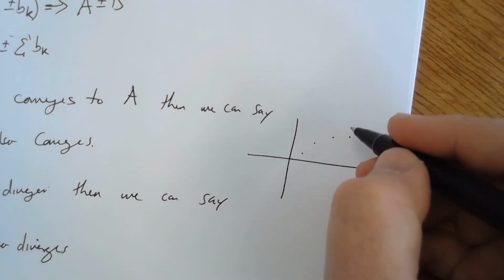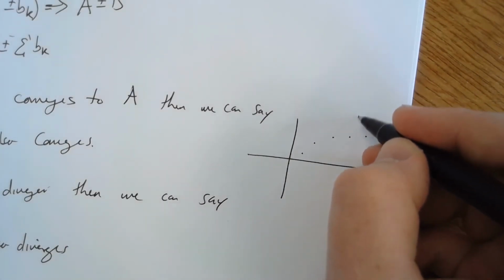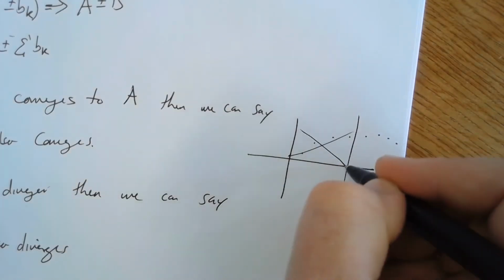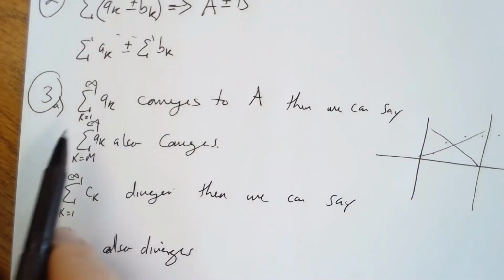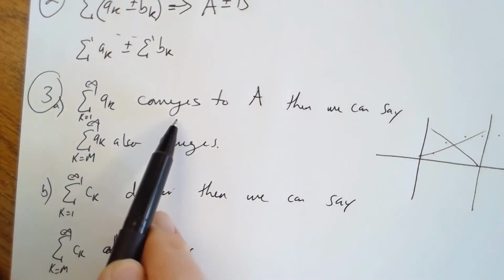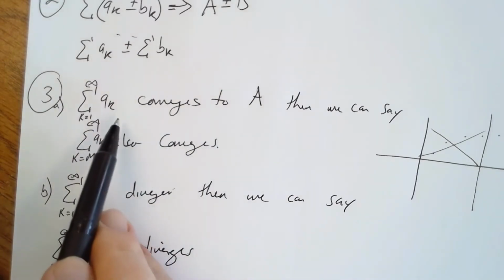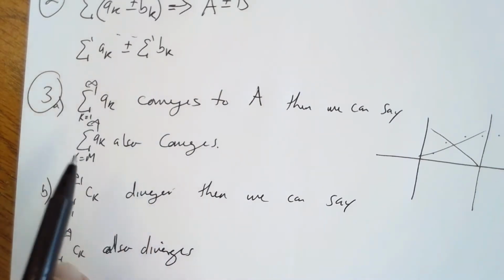This is key to understanding: if I remove, say, the first four terms and don't start here, but start here, then we can definitively say that if the original series starting from 1 converges to A, then we can conclude that if I start somewhere else, it also converges.